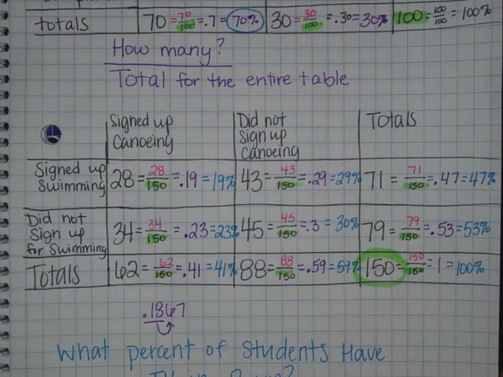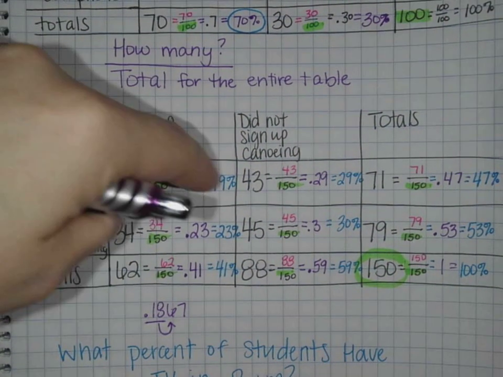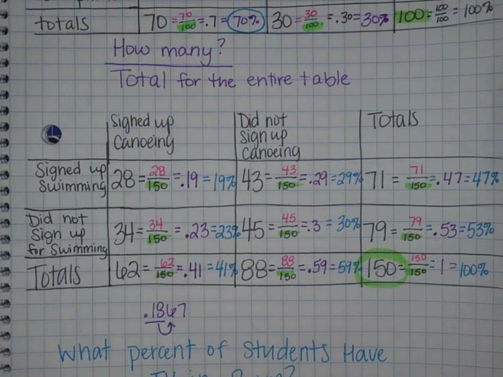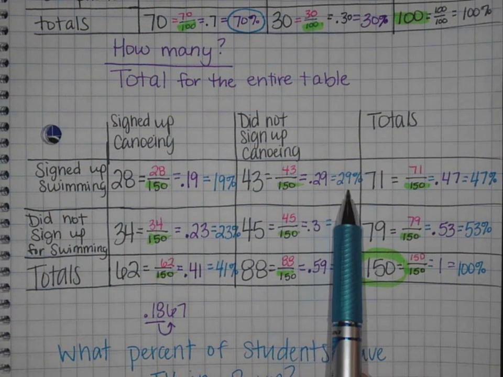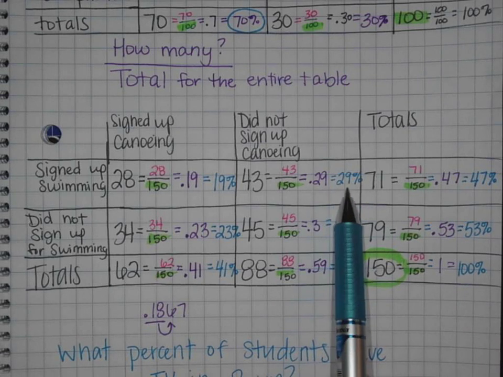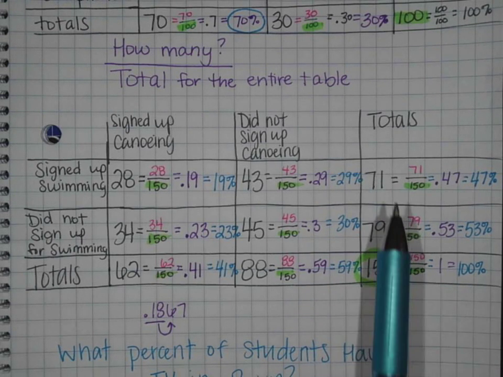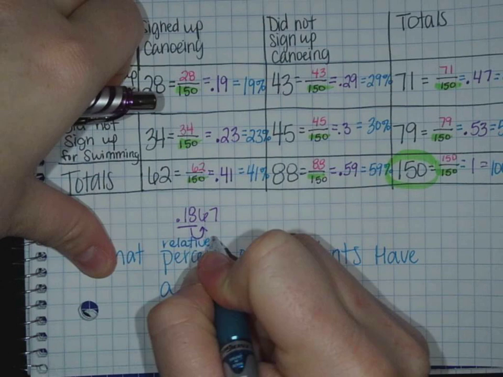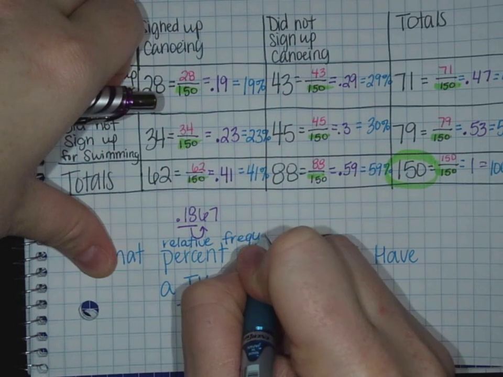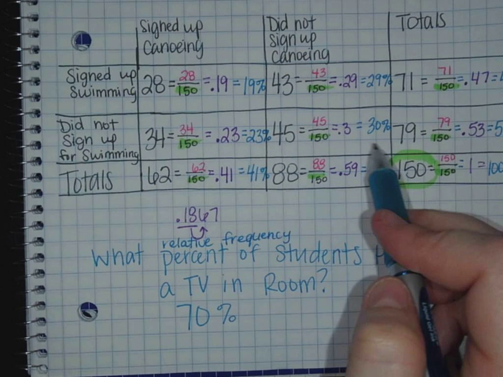If I asked what percent of campers, that's this one, signed up to swim but did not sign up for canoeing, you would put 29%. So the percentage, or even if it said relative frequency, that's the percent.